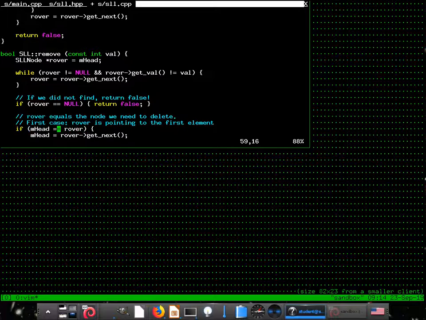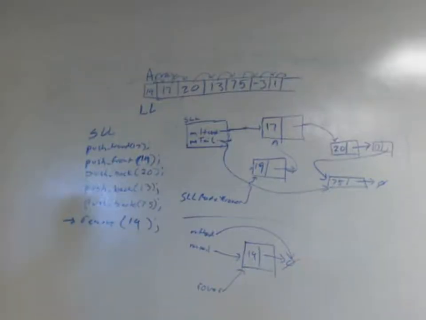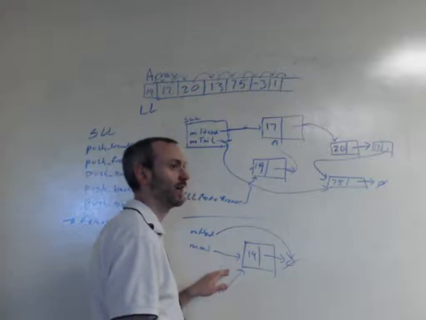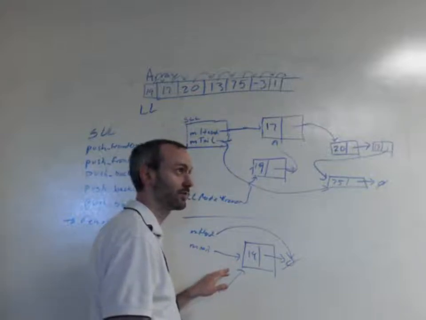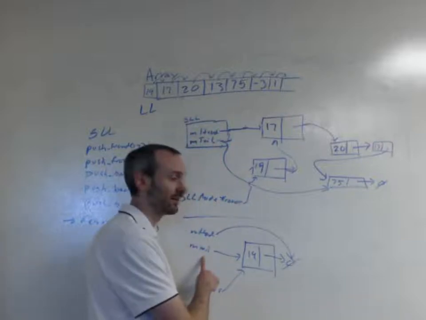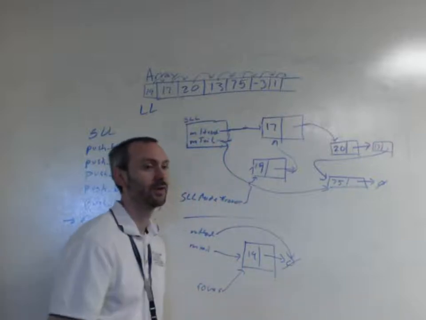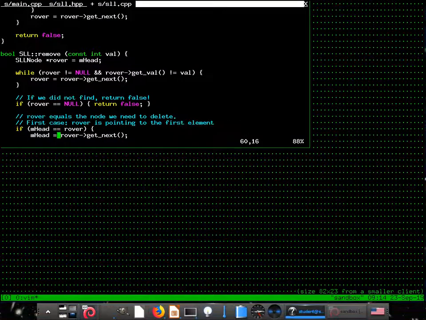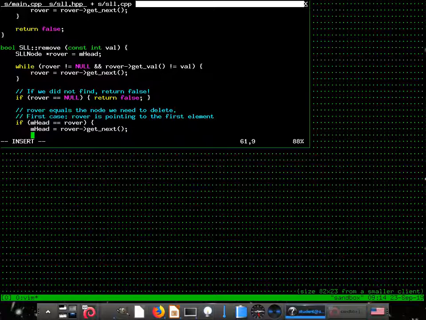Well, the thing is, let me ask it differently. If we're in the case where we're removing the first element, and the first element is the only element, then mtail needs to point to null. So we need to also check if there's only one element. So I think that's what you were trying to say.